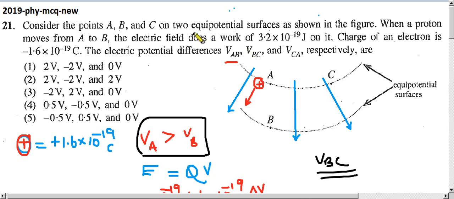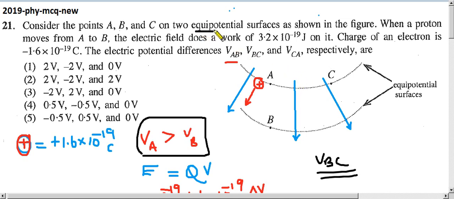What is the meaning of equipotential? The meaning of equipotential is equal potentials. So that means VA equals VC. All the points have the same potential or voltage on an equipotential surface.